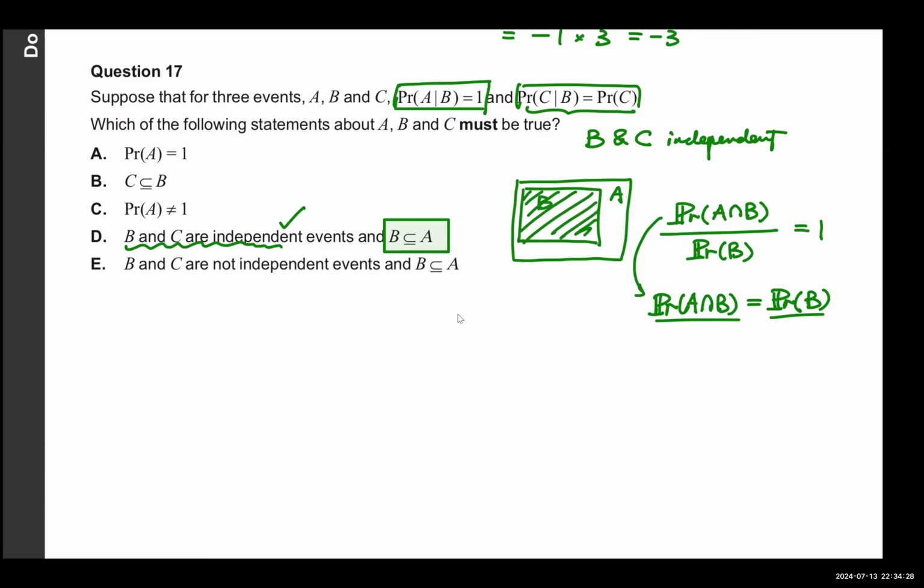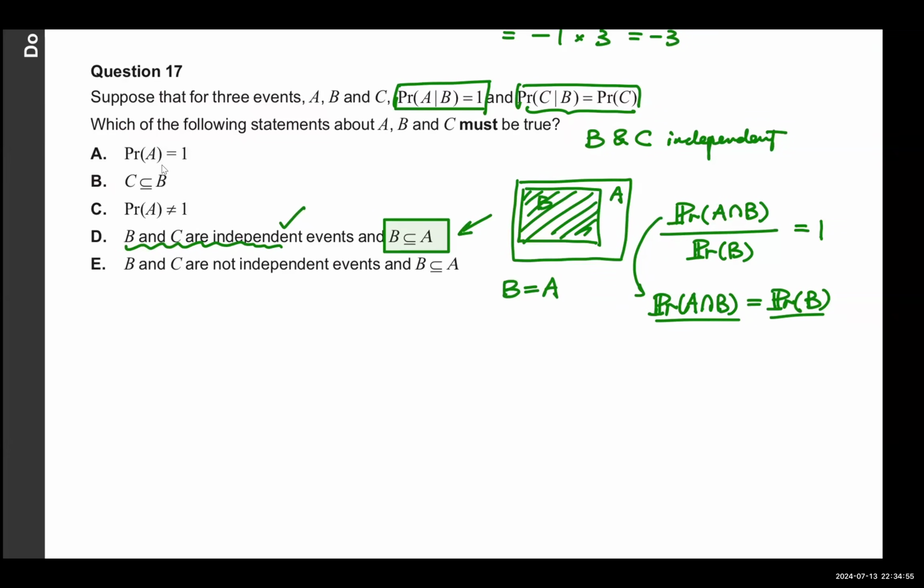Okay, that's why it has to be equal to 1. So B must be a subset of A. Or technically speaking, in the extreme case, B is totally equal to A, for the two sets to have the same sample space whatsoever, okay?